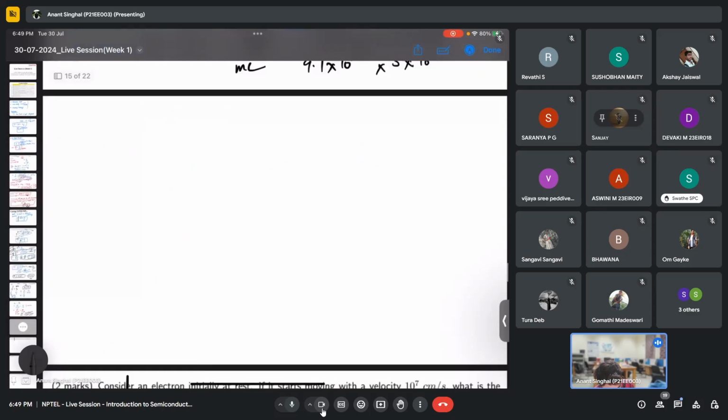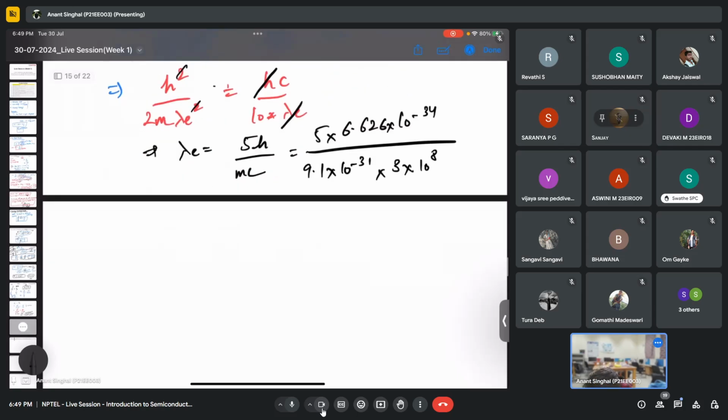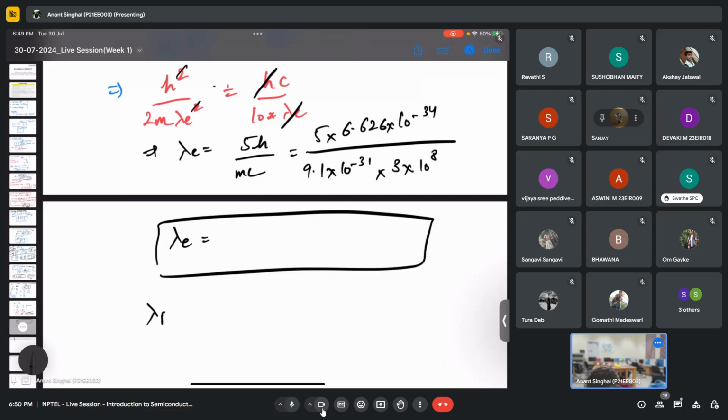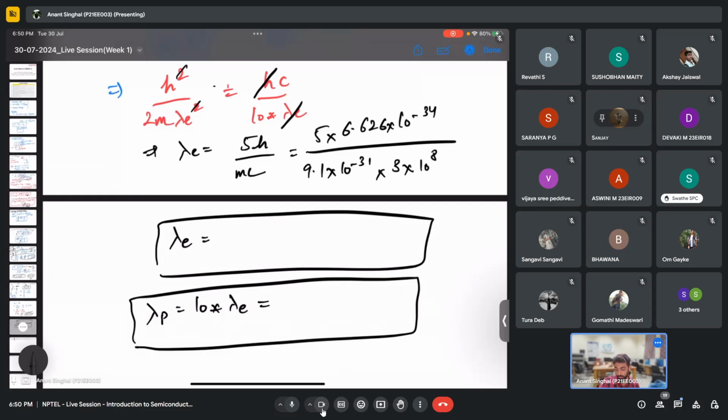Can you calculate this quickly? Whatever lambda e we have, 10 times that will be lambda p. Quickly let me know what you are getting. I'll also solve it.